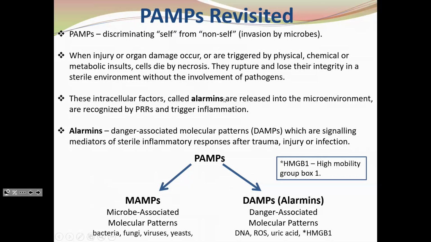One of the most important alarmins in this context of sterile inflammation is the protein high mobility group box 1, which is a histone-associated protein. So you get the release of that. Healthy adjacent cells recognize this as cell damage, and then will stimulate the inflammatory response.